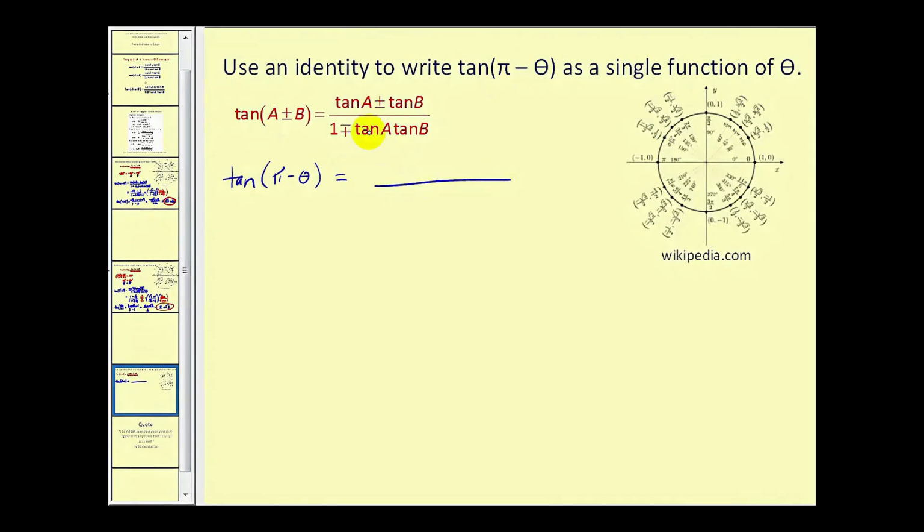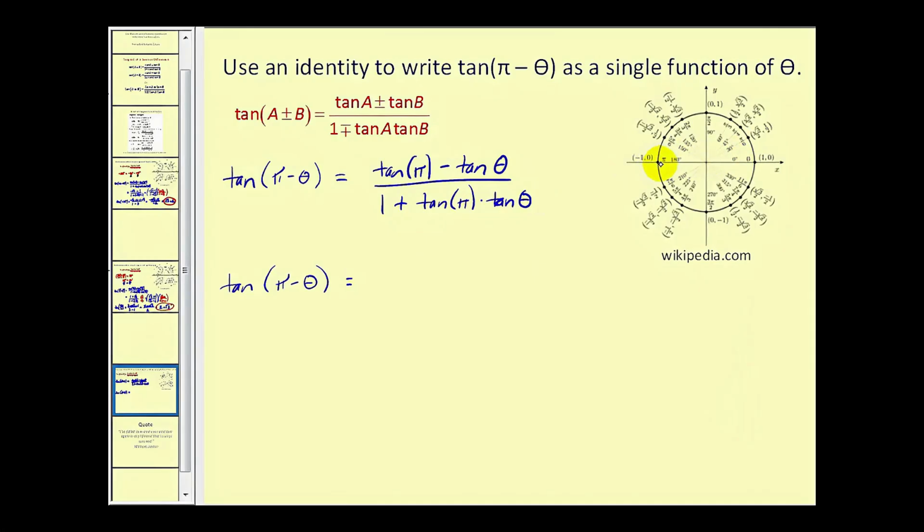Our numerator would be tangent pi minus tangent theta, and our denominator would be 1 plus tangent pi times tangent theta. Well, tangent pi on the unit circle would be here.